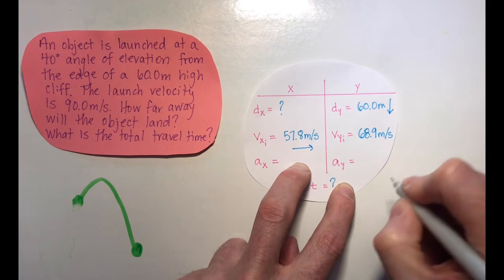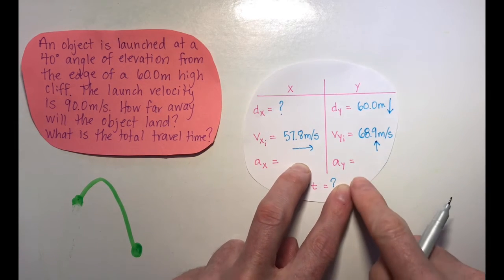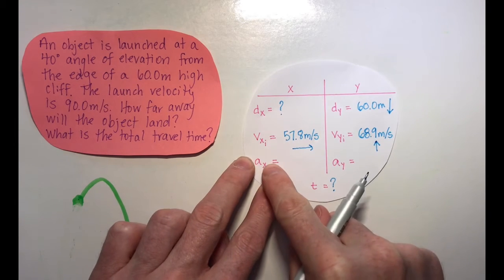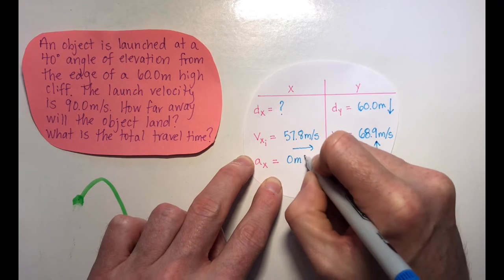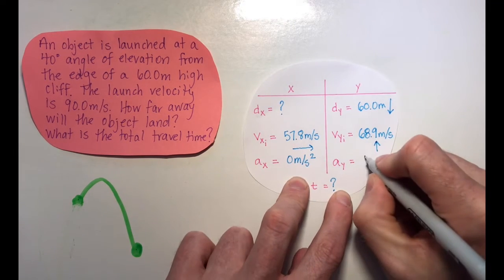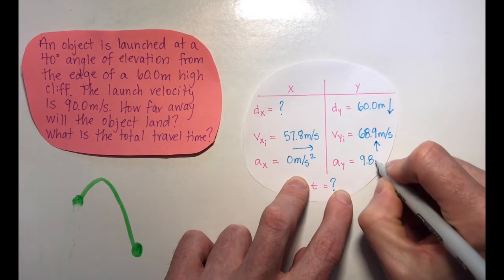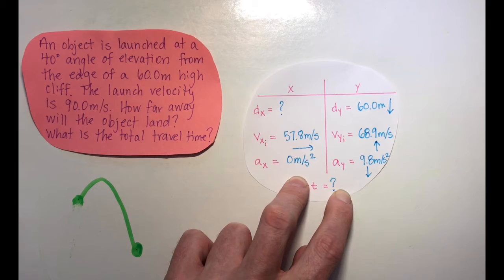And it's being launched upwards, so we are indicating that with another arrow. Now the acceleration row is actually quite easy to fill out. Horizontally, there is no acceleration, no other forces influencing the motion, so we'll put a 0 here. Vertically, we always have gravity, 9.8 meters per second squared, as an acceleration downwards, so we indicate that with yet another arrow.